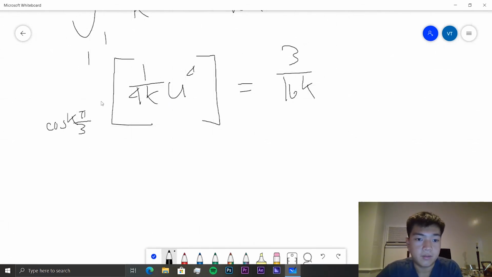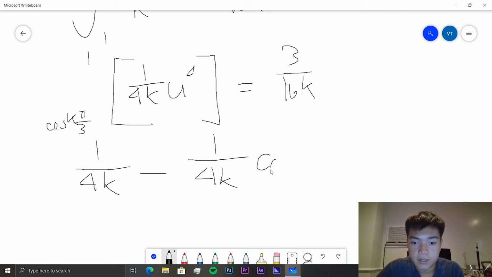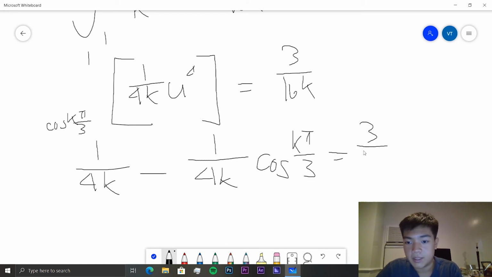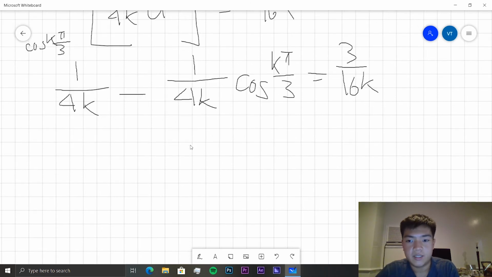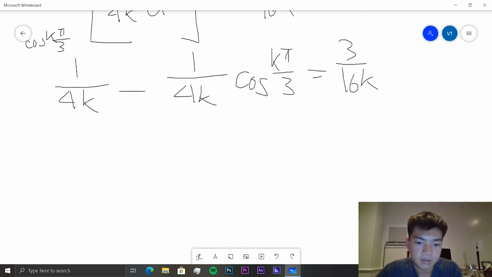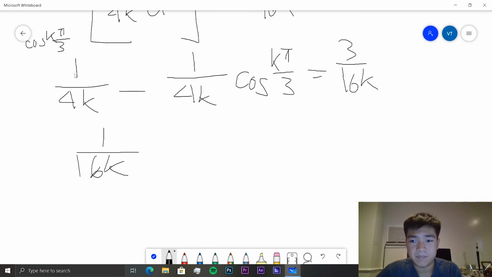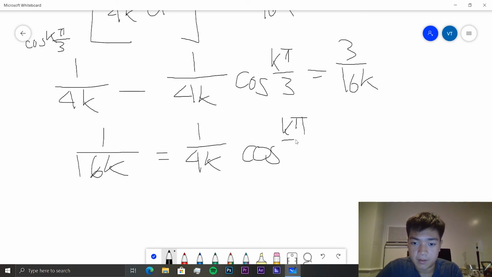So we have 1 over 4k minus 1 over 4k cosine to the 4 of k pi over 3 is equal to 3 over 16k. So if we subtract these two, this would be equal to 1 over 16k. It's equal to 1 over 4k cosine to the 4 of k pi over 3.